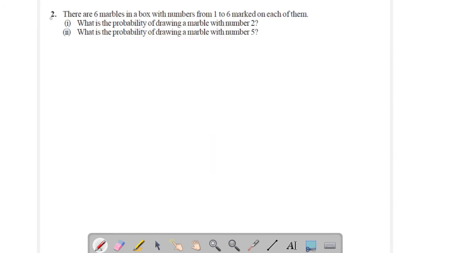Now come to question number 2. There are 6 marbles in a box with numbers from 1 to 6 marked on each of them. First part: what is the probability of drawing a marble with number 2? See the solution.